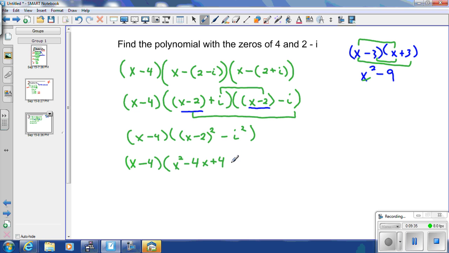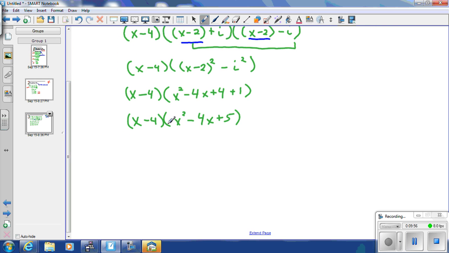So negative negative 1 is plus 1. So what I've got here is x minus 4 times x squared minus 4x plus 5.